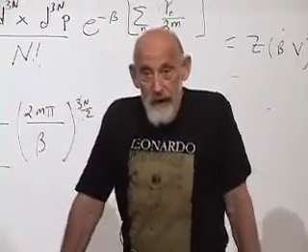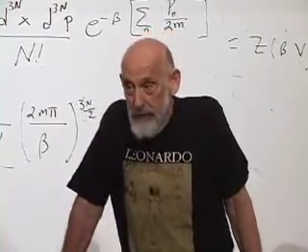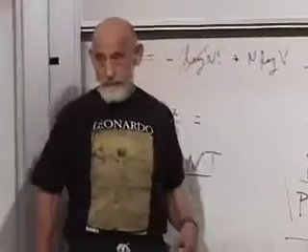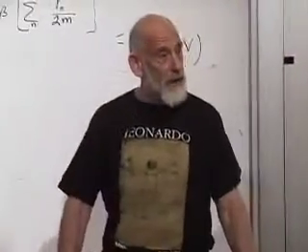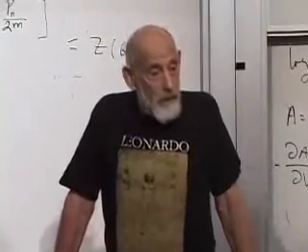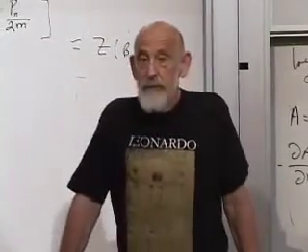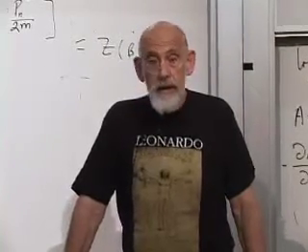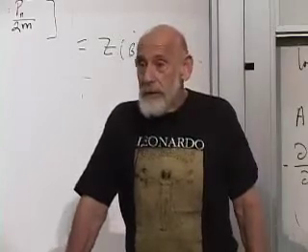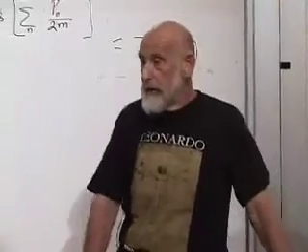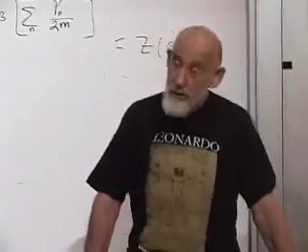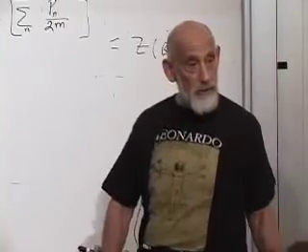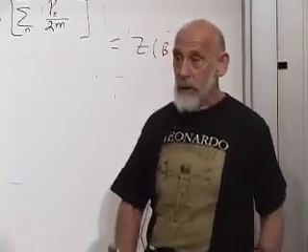It is remarkable. Neither does the average kinetic energy. The average kinetic energy is gotten by differentiating with respect to beta. So if you put a bowling ball in a gas, the kinetic energy of the bowling ball will be exactly the same as the kinetic energy of any other molecule.